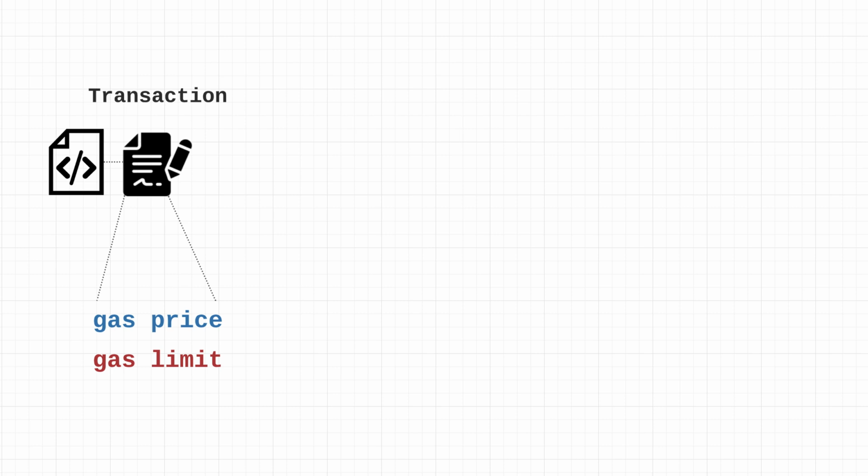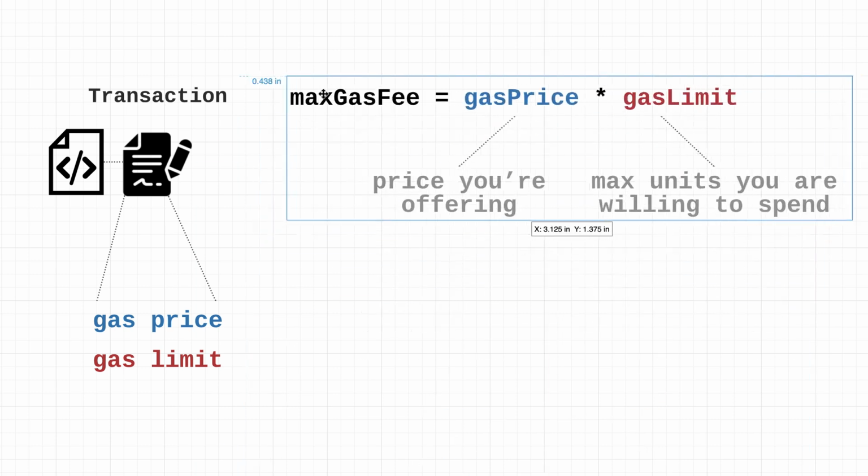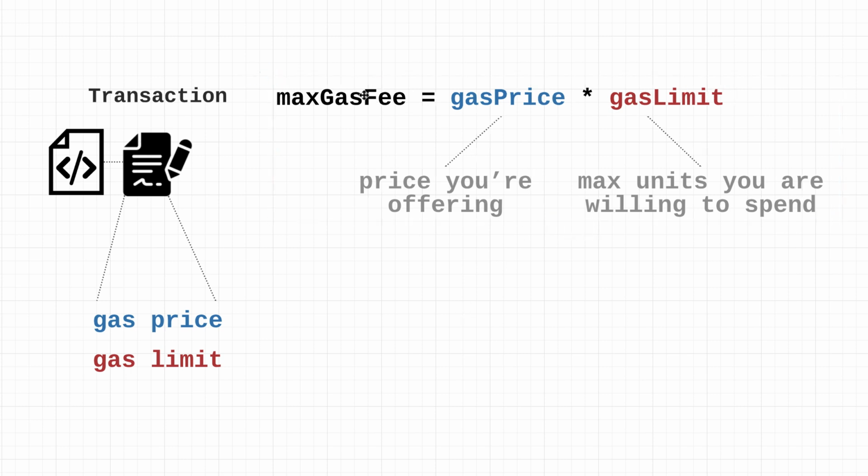Now, there's another thing that I want to point out, and this is something that may confuse you if you're looking at examples of calculating this online, and that is there was something called the London upgrade in the Ethereum network, and as part of this upgrade, it actually changed the way that these gas fees are calculated. So I just want to point this out. We're going to be taking a look at how they were calculated pre-London and also post-London.